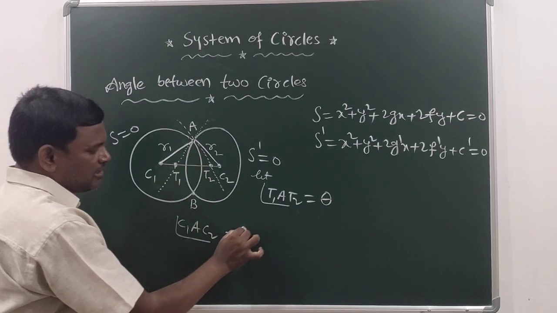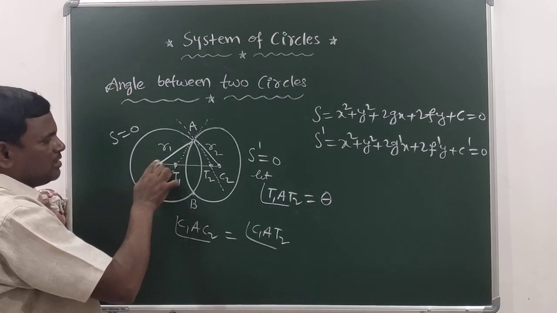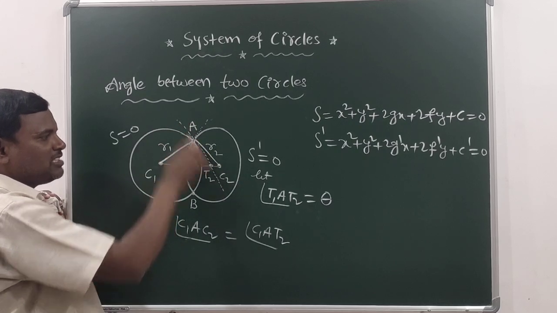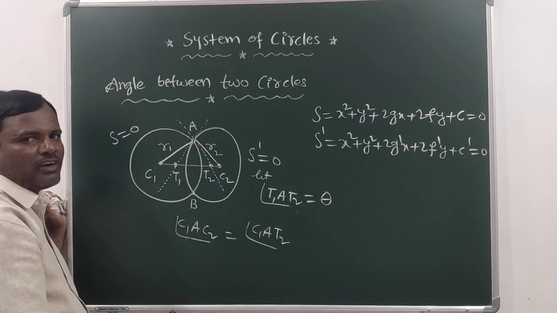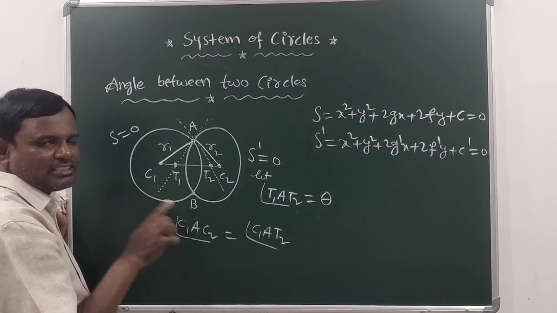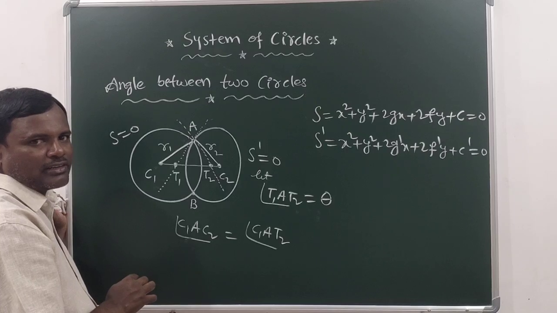So in that figure, C1 A T2, this is the radius R1, which makes 90 degrees with this tangent at the point of contact. You know that angle between the radius and tangent is equal to 90 degrees at its point of contact.